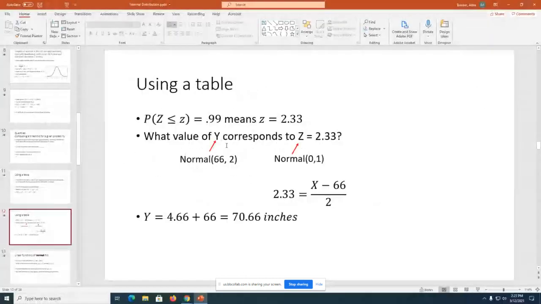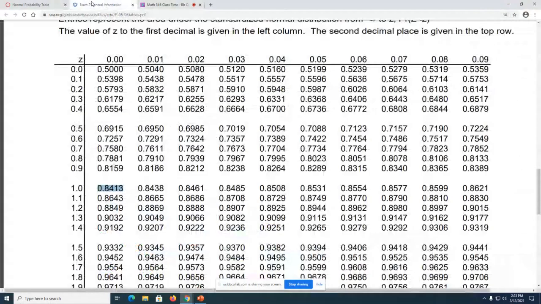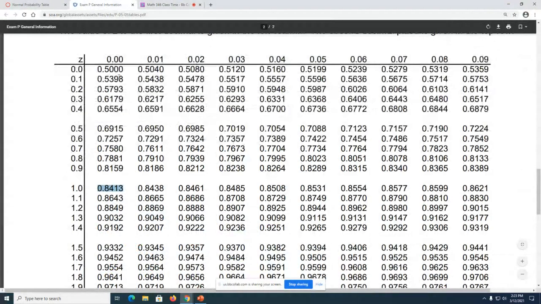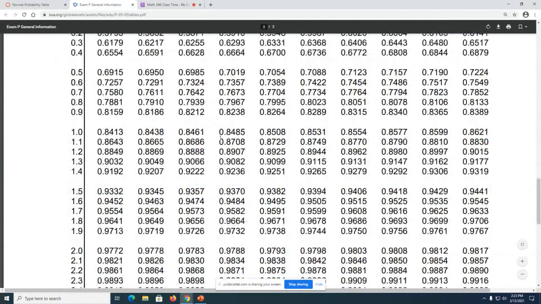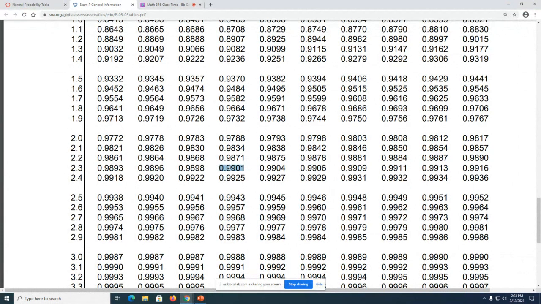So let's start by looking at our table. Now, we're not looking at the labels on the rows and columns. Now we're instead looking inside the table to find a probability that's as close as possible to 0.99. So here's 0.9901.